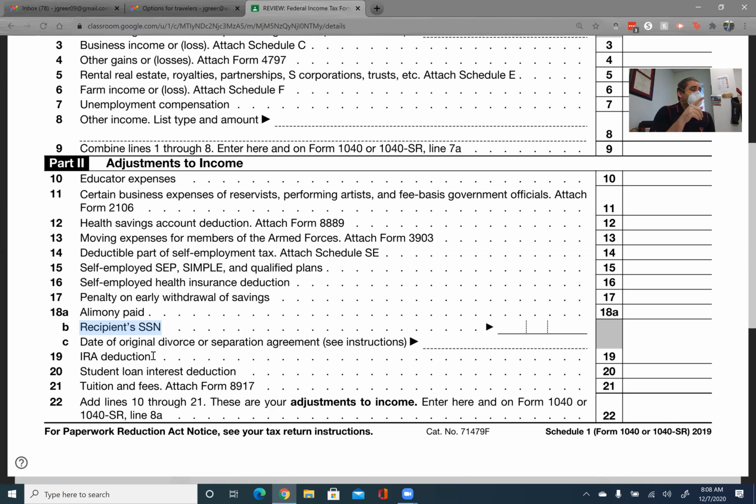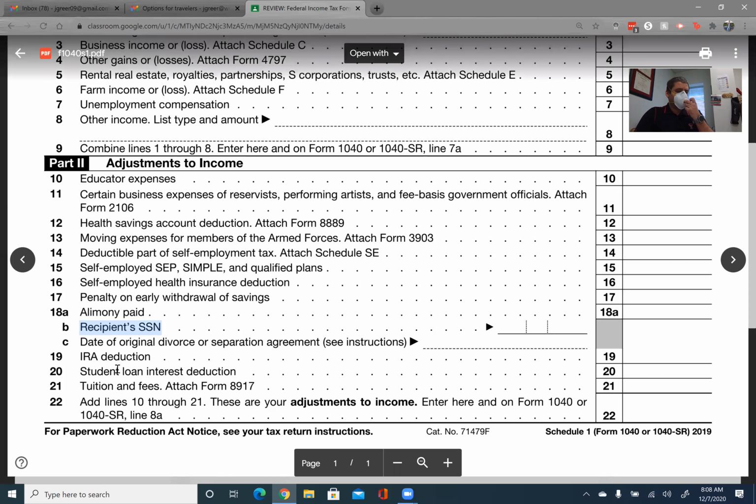Okay. But if you're contributing to a traditional IRA, this is where you put that money, because you're lowering your income by contributing to this IRA. Okay, which is a good thing. Like you want to do that.